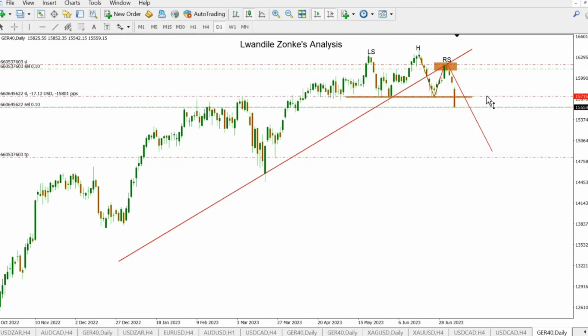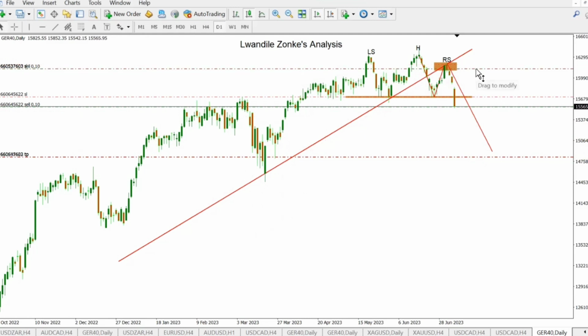Probably have my stop loss here, and my TP I'll put at pretty much the same TP as my first entry. So I'm scaling in now with the second position. Maybe let me trail my stop to break even, first entry stop.